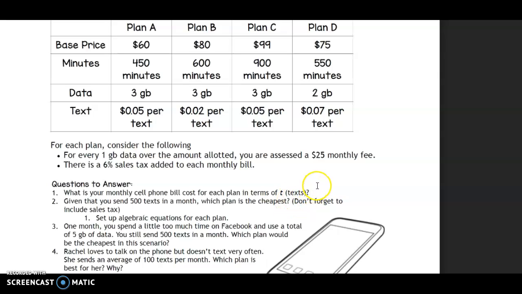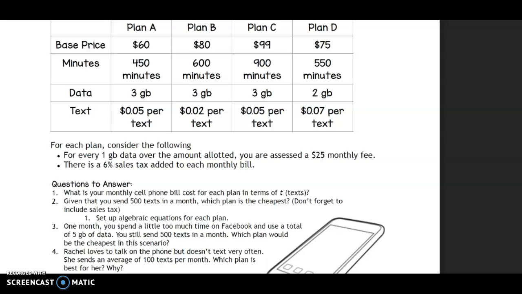Don't forget to include sales tax. You must add on your sales tax, and you need to set up an algebraic equation. So you're going to write out your working for each of the plans.